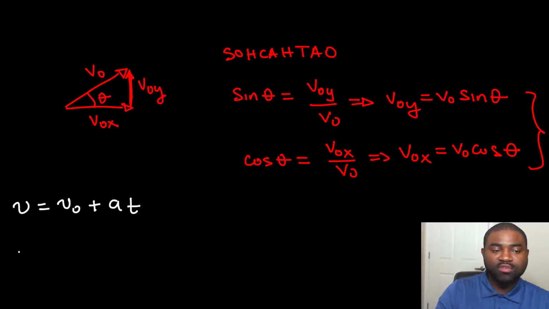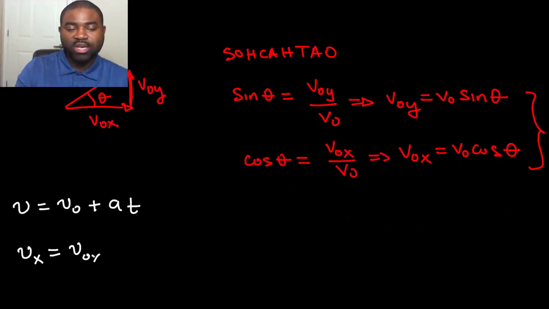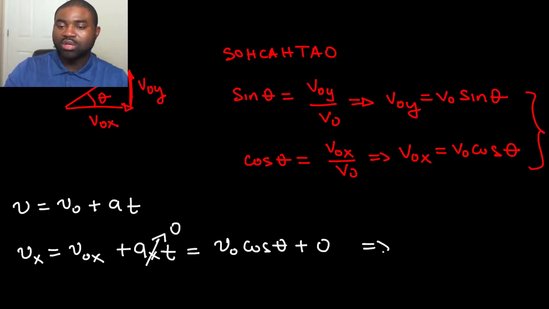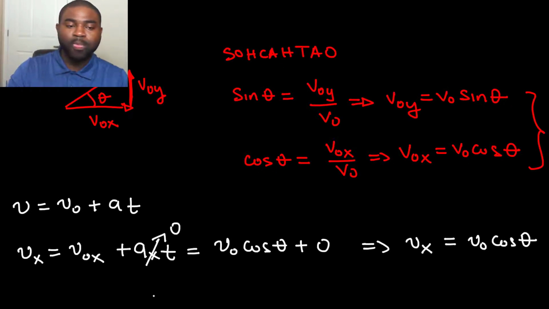That means that vx is equal to v0x plus axt, which is just going to be v0 cosine theta plus 0. Why? Because the acceleration in the x direction is 0. In other words, vx is simply v0 cosine of theta.